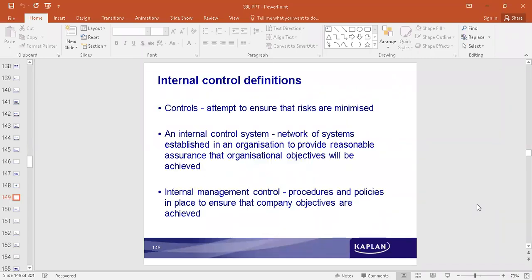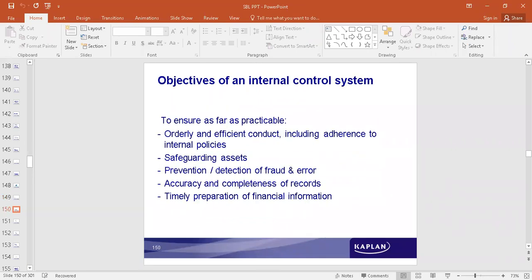Then the internal control definition. It says that the internal control system is a network of systems established. The ultimate aim is to ensure that the organization objectives are achieved.